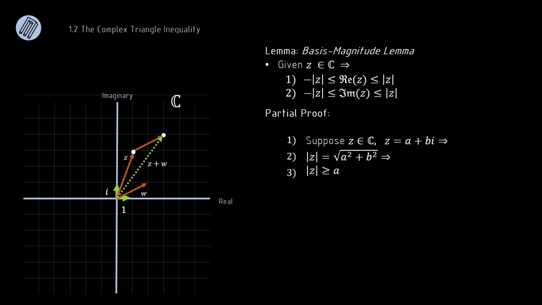But a is just another notation for the real part of z, Re(z). So the magnitude of z will always be bigger than or equal to its real part. Therefore, doing some algebra, we can see that proposition 1 in our lemma is indeed true. I won't show proposition 2 of our lemma because the proof is exactly the same. You can do that on your own.